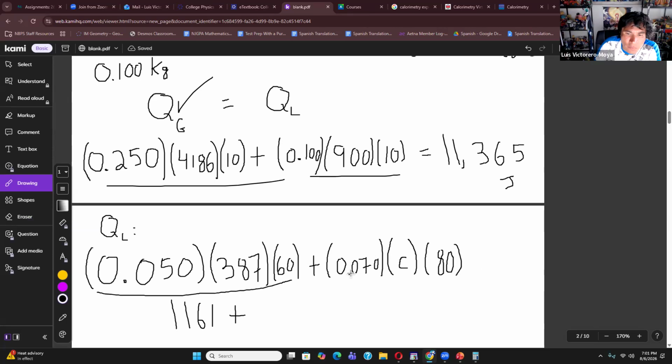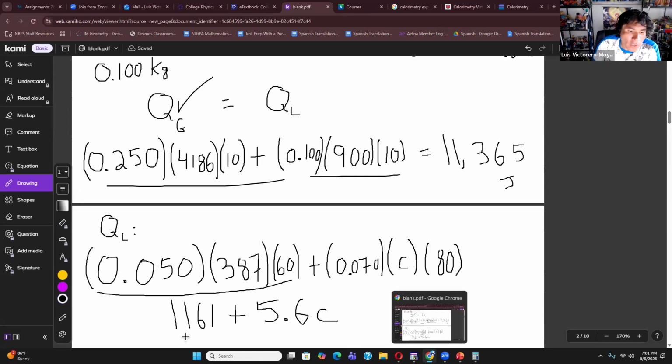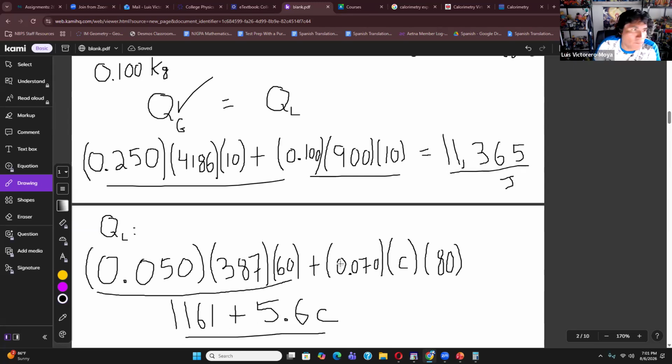And then what's 80 times 0.07? 5.6, right? 5.6 C. There. So this equals to this.